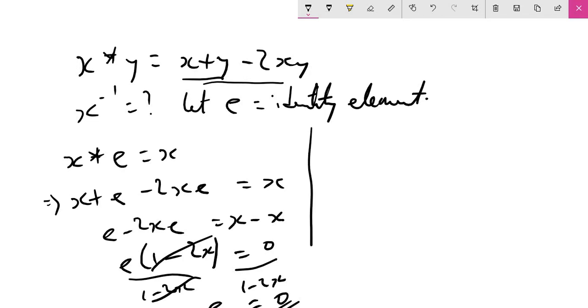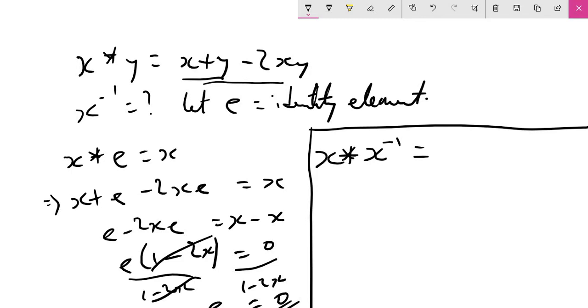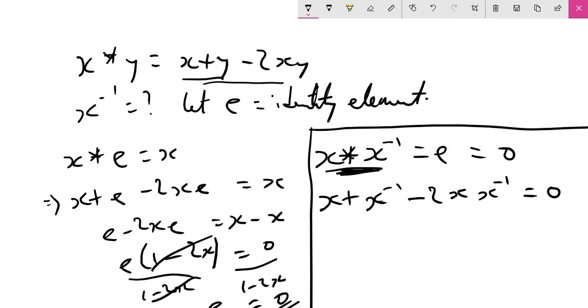So the identity element is equal to 0. Now to calculate the inverse of x, x star x inverse must be equal to e, which is equal to 0. Then we apply our operation here. So we have x plus x inverse minus 2x x inverse must be equal to 0. Again, we make x inverse the subject because we are looking for x inverse. So we have x inverse minus 2x x inverse.